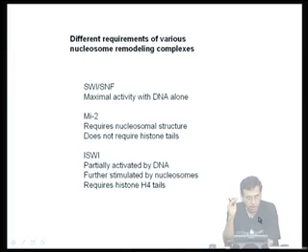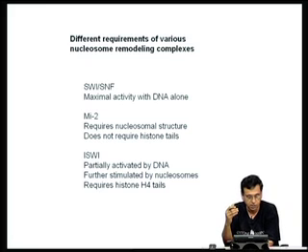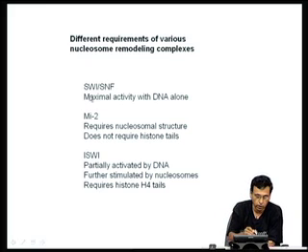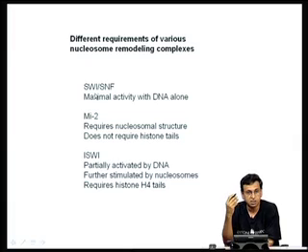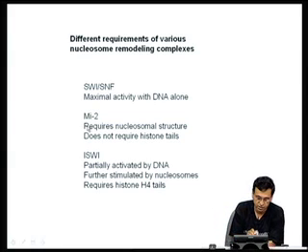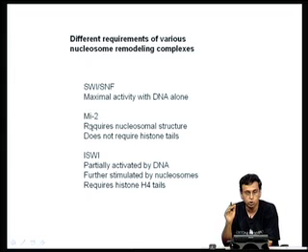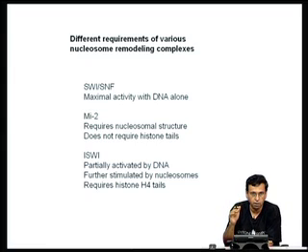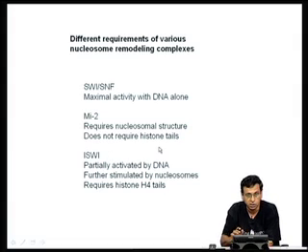There are also different requirements for various nucleosome remodeling complexes. For example, the SWI-SNF complex has maximal activity on DNA alone, not necessarily chromatin. Even on DNA alone, they have maximal activity. If you now take Mi2, it requires a nucleosomal structure for its function, and it does not require any histone tails.